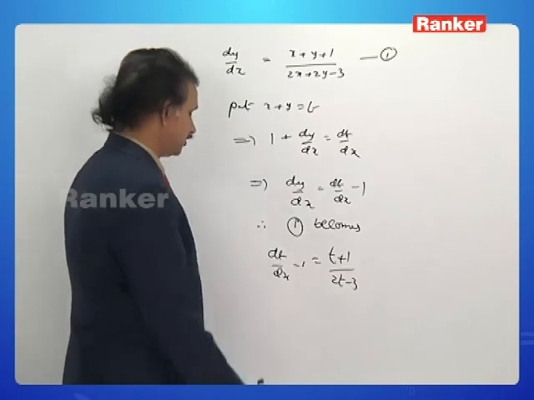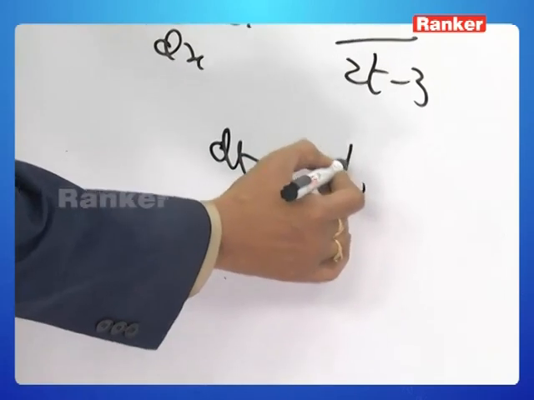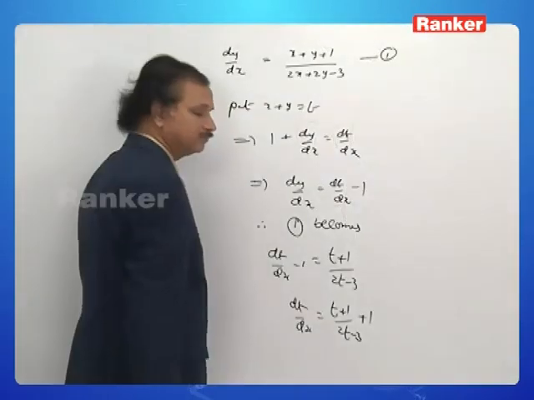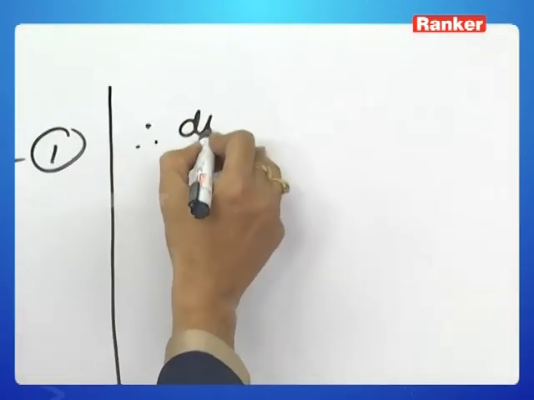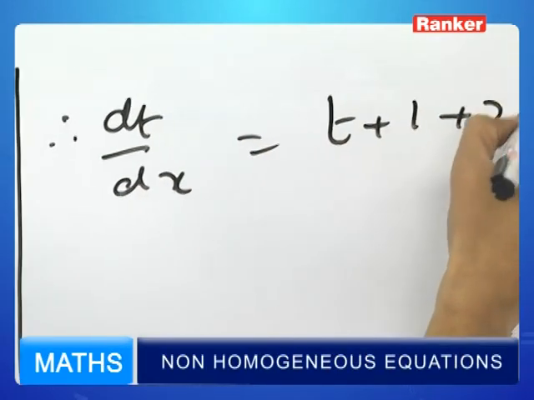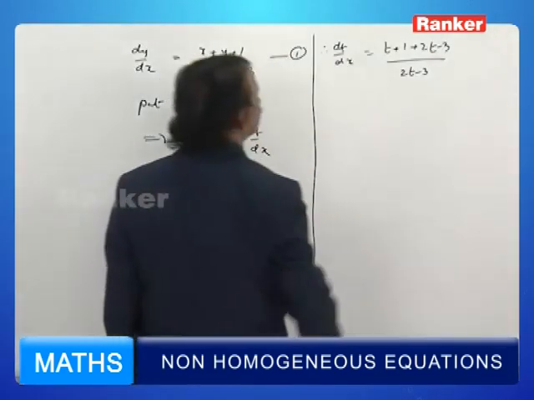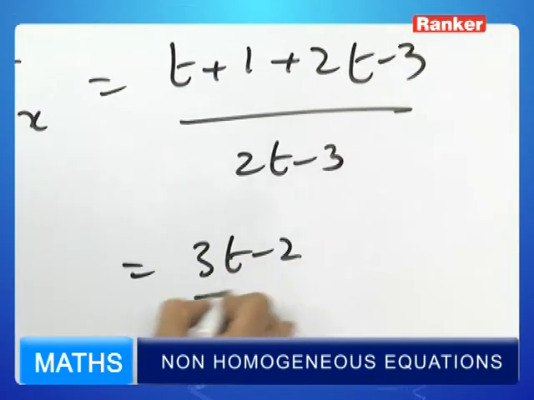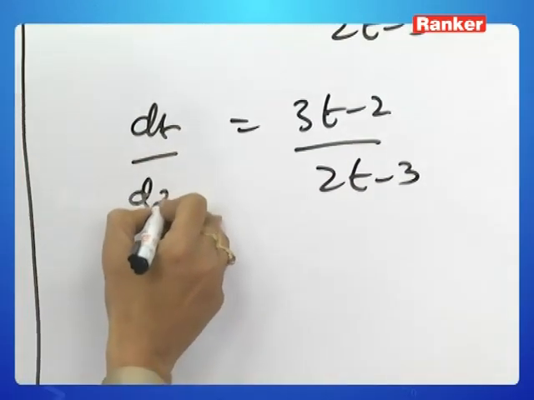Therefore, dt by dx is equal to t plus 1 by 2t minus 3, plus 1. The next step. Therefore, dt by dx is equal to t plus 1 plus 2t minus 3 by 2t minus 3. That is, 3t minus 2 by 2t minus 3. This is dt by dx.